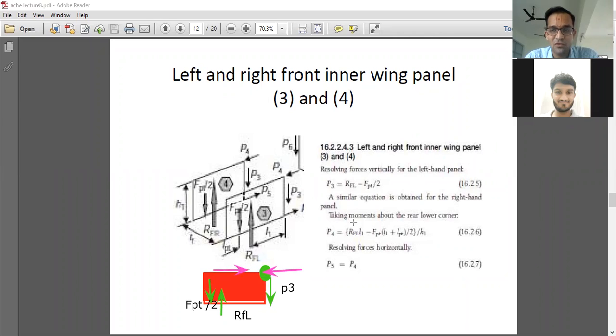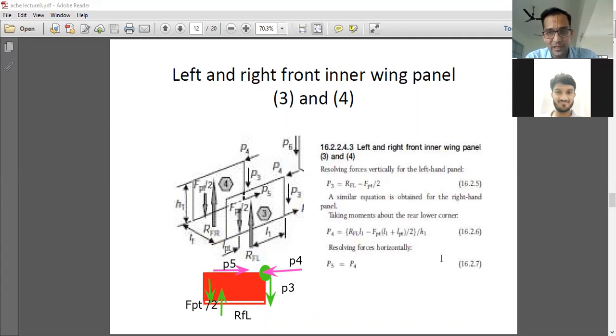Why? Because all forces acting on surfaces should be in equilibrium. If it is not in equilibrium, then there will be possibilities of distortions or deformations in components. So this is P4 and this is P5, and here our condition is P4 is equal to P5.